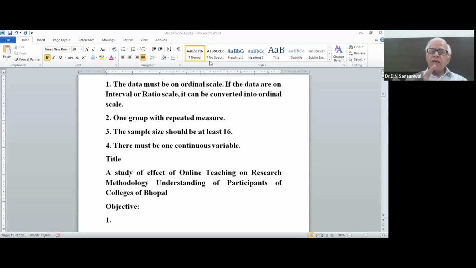There are two forms of hypothesis, called null form and directional form. And in Indian books, these are given under the heading of types of hypothesis, which is technically incorrect.